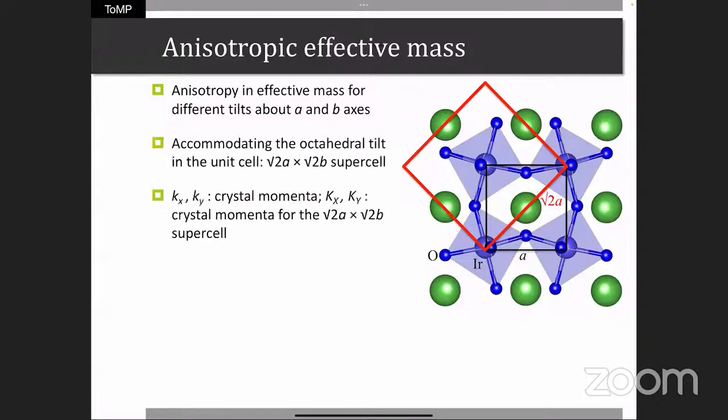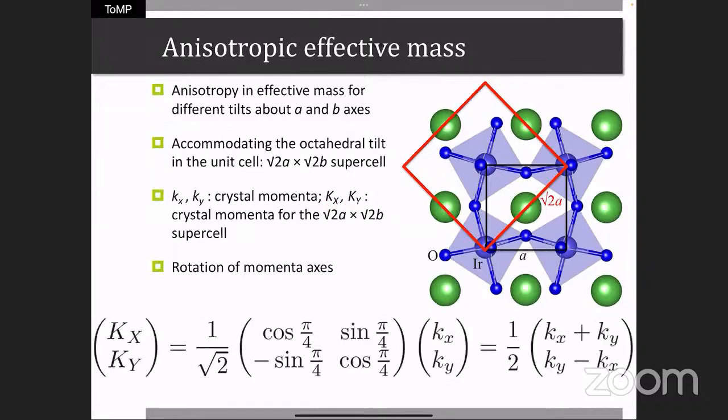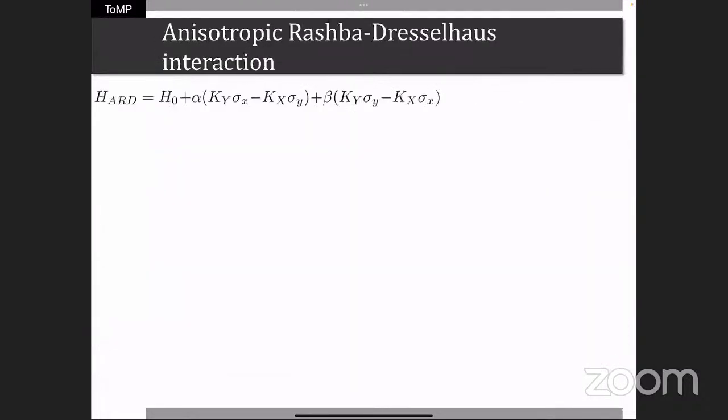So we consider this kind of a cell and the corresponding crystal momenta axis we call capital Kx and capital Ky, and the capital Kx, capital Ky and small kx, small ky may be related by this kind of a transformation. It's a rotation. And using this transformation, if we write the anisotropic Rashba-Dresselhaus Hamiltonian, it takes this form with H naught equals the free electron term.